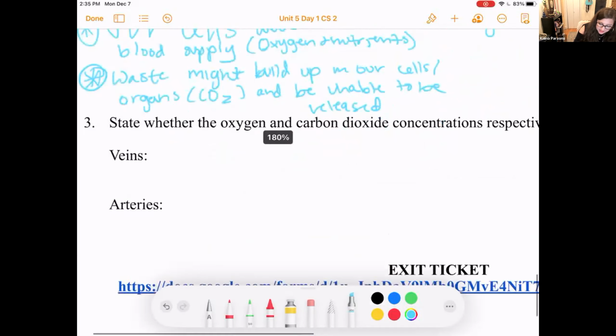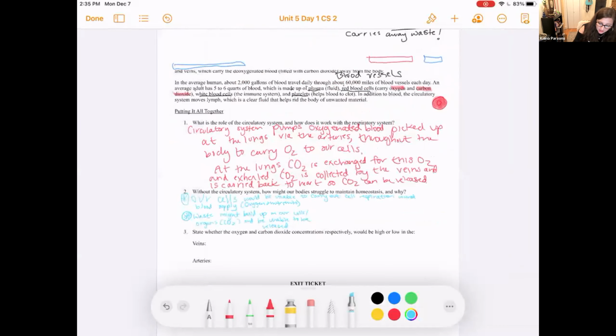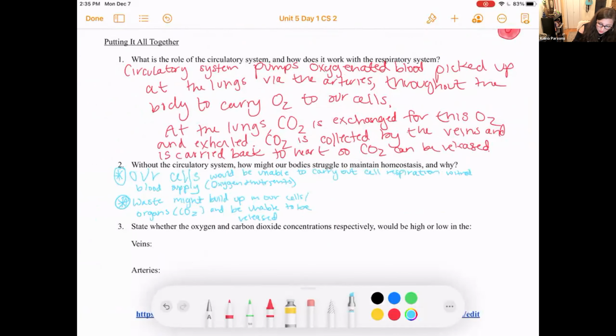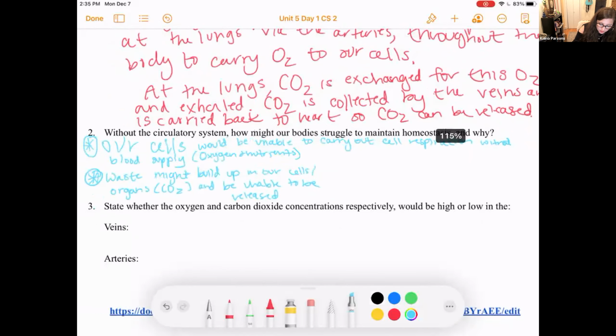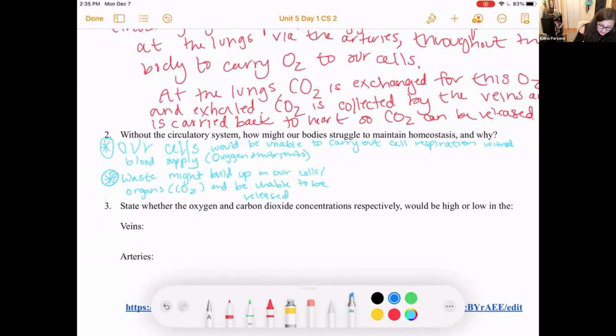And now, state whether the oxygen and carbon dioxide concentrations, respectively, would be high or low. So remember, the veins carry deoxygenated, so low oxygen, high CO2, blood back to the heart.